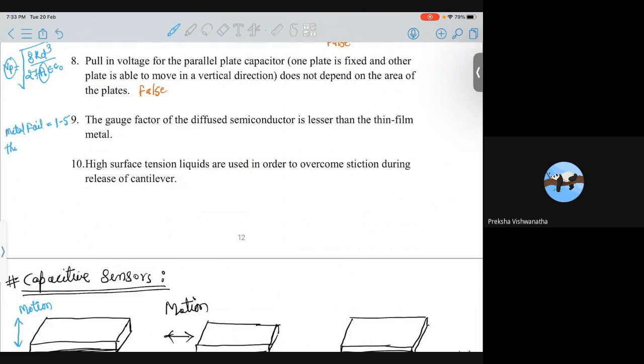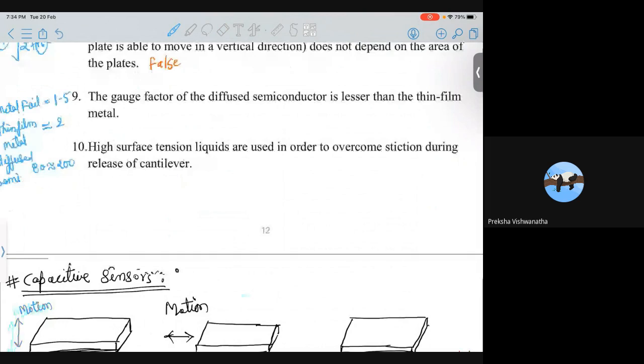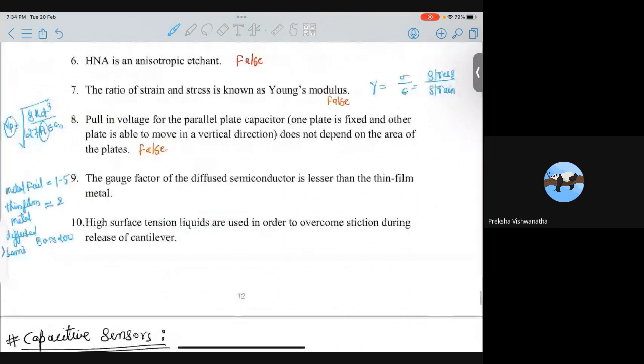Thin film metal, it is around 2. For diffused semiconductor, it is higher, which is around 80 to 200. And for polycrystalline silicon, it is around 30.